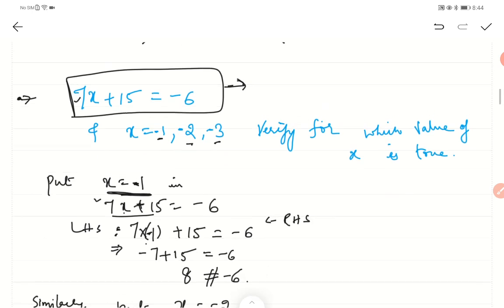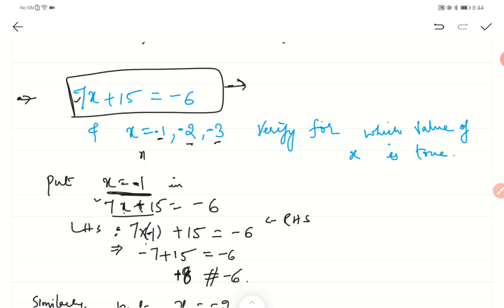So 7 into -1 is -7. So -7 plus 15 will give you 8, isn't it? 15 minus 7 is plus 8. This is not equal to -6.